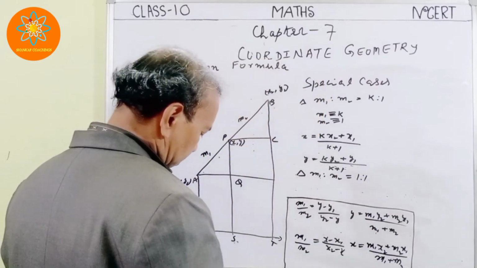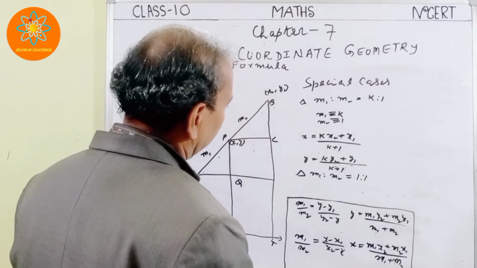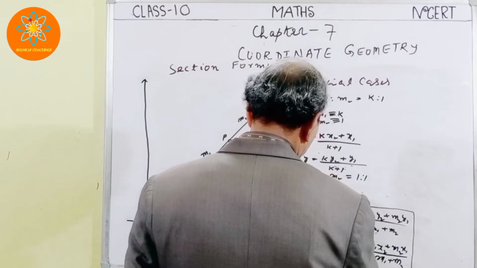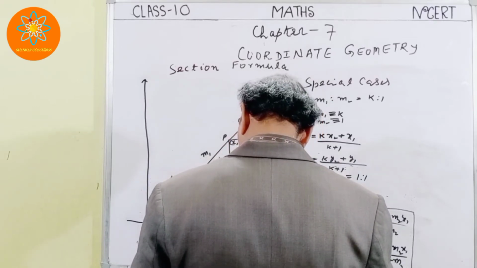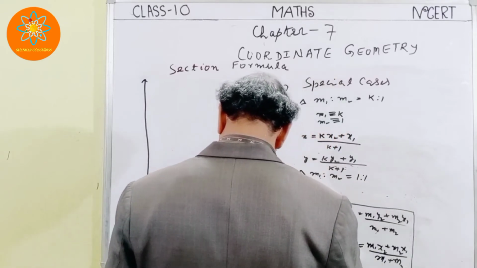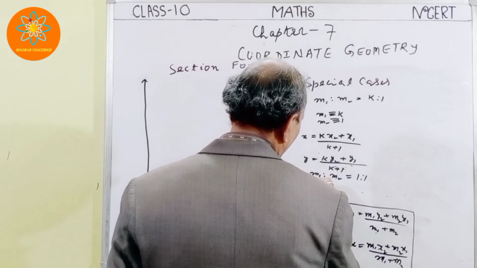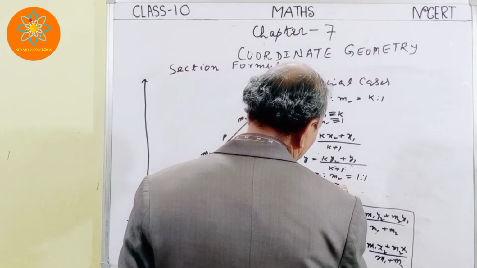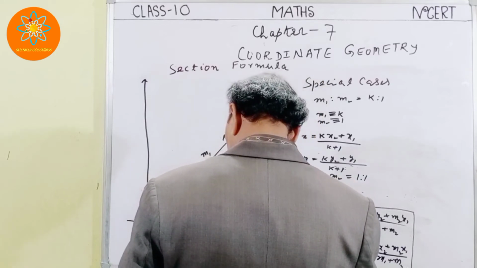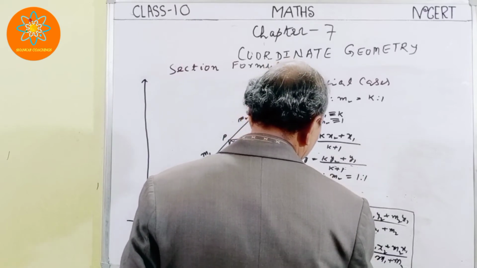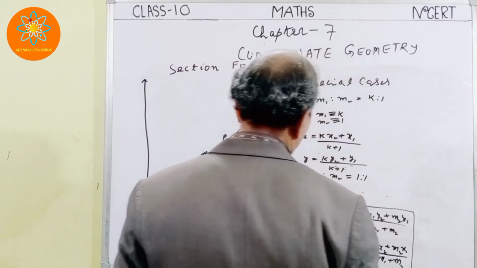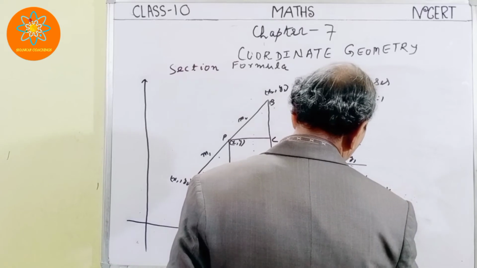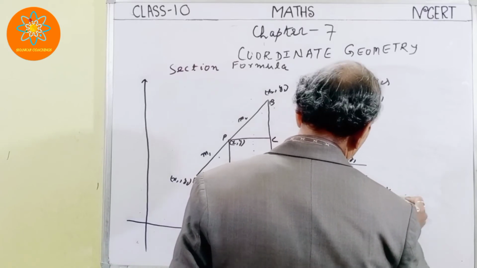If you take 1 is to 1 and put the values, we will get (1 into x1 plus 1 into x2) divided by (1 plus 1), and (1 into y1 plus 1 into y2) divided by (1 plus 1).